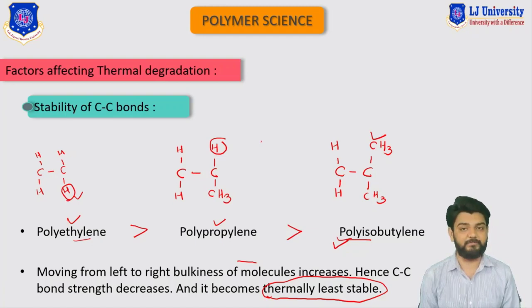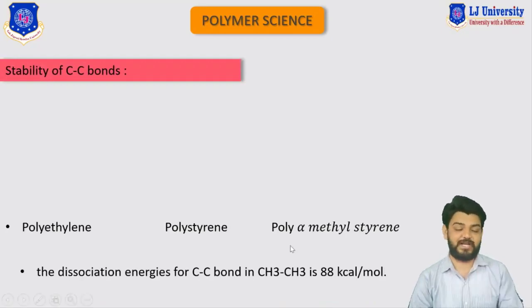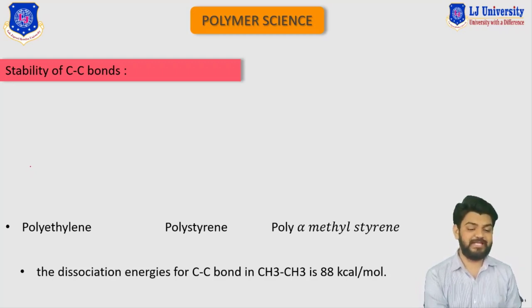Now let's understand this with one more example of three different groups. We will compare the stability of different molecules with the standard of polyethylene. So again, let me draw this polyethylene group with two carbon atoms, and hydrogens attached to every carbon.